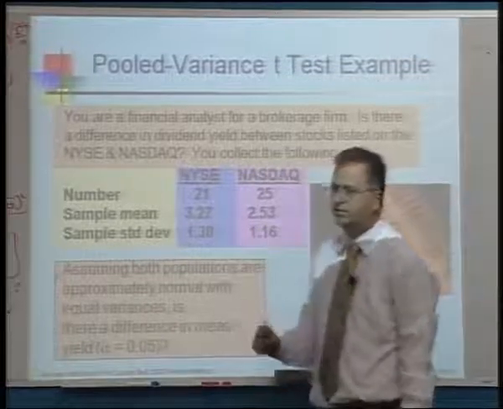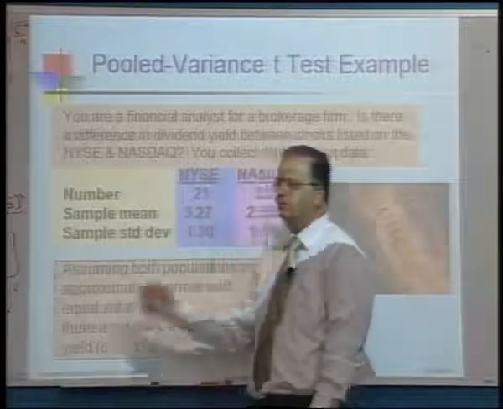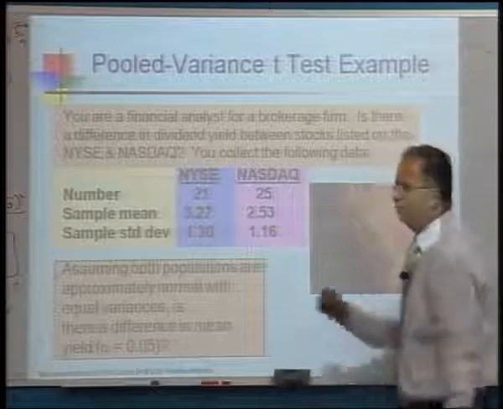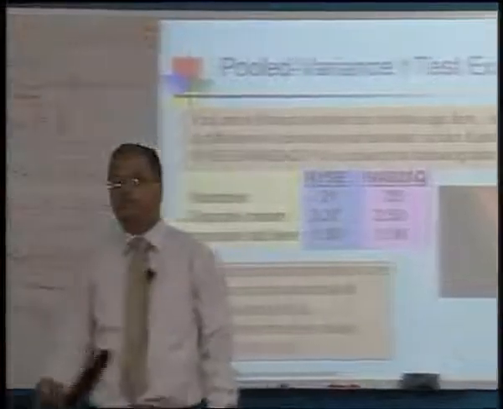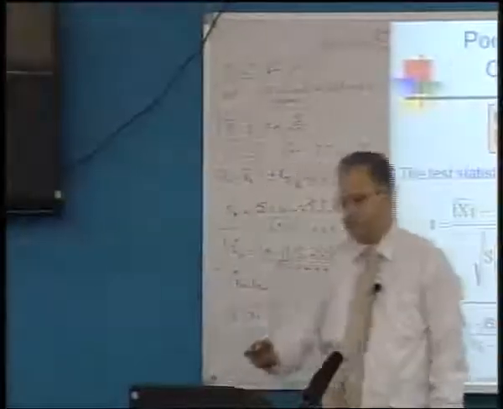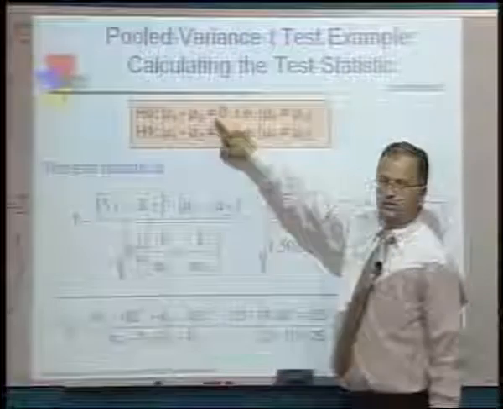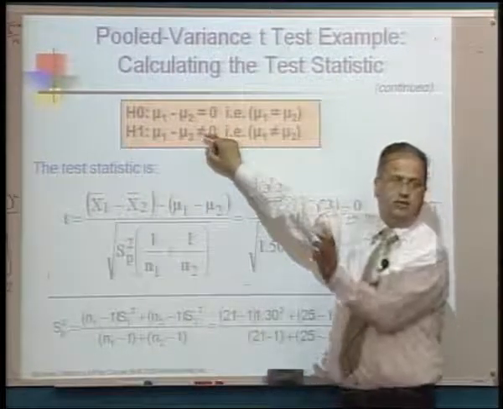The question is, is there a difference in mean yield? So there is no direction. Is there a difference? That means we are testing mu1 equals mu2 against mu1 does not equal mu2. So the null hypothesis, the difference between these two is 0, because it asks about is there a difference here.